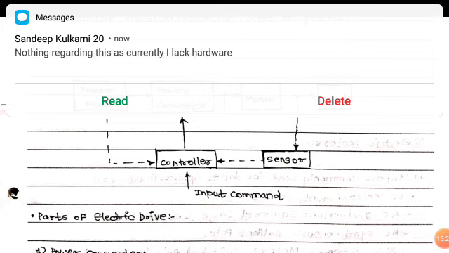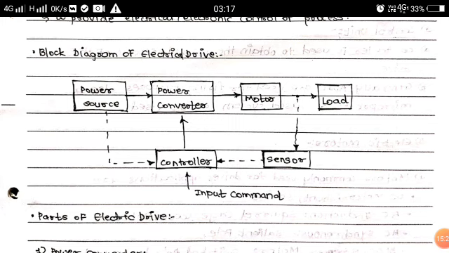Then comes the sensor. Sensor is actually sensing. So the sensor, controller and input command, this is all, you can say, from that previous example. The human being is doing all that.